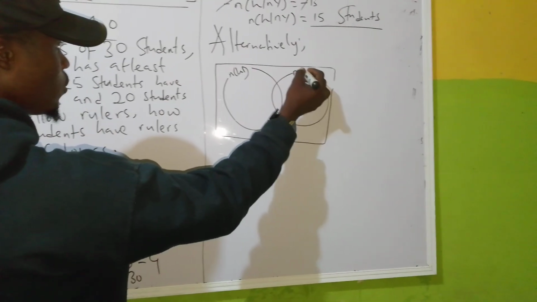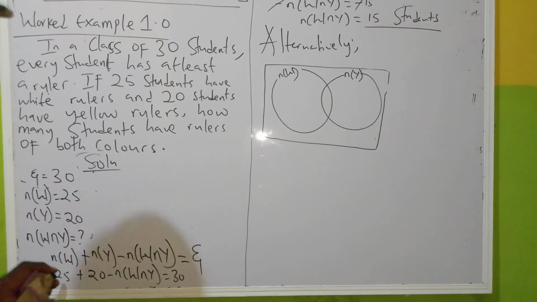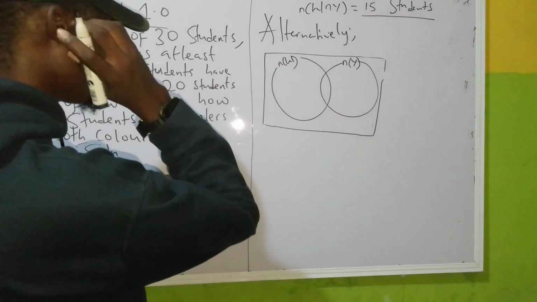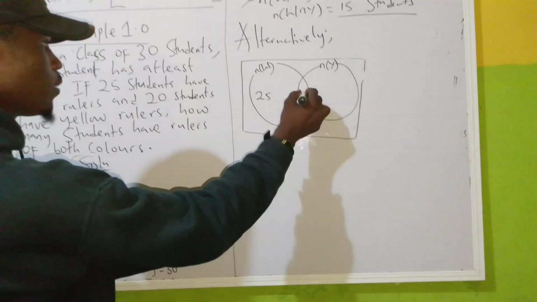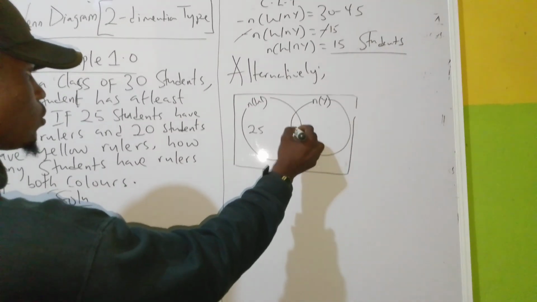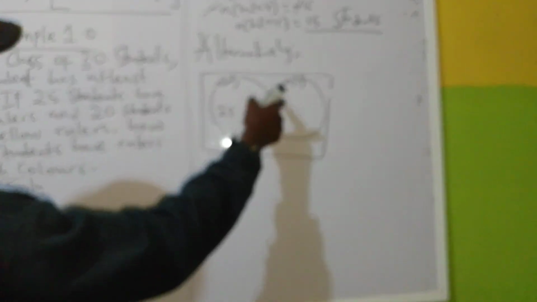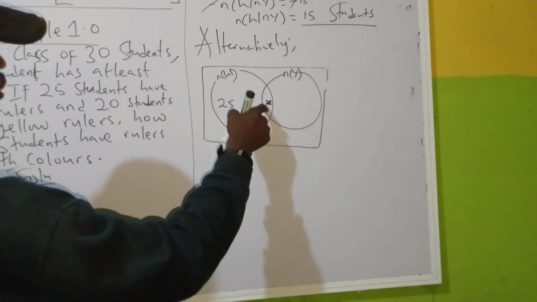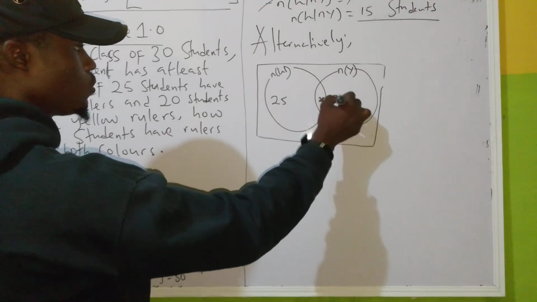This is the white color, this is the yellow color. What do we have for the yellow color? We have 25. This one is unknown. This is where both of them are joined, the two colors. The students that have two colors are here, because both colors are here. So it is unknown, it is X. And we are having 20 for yellow.